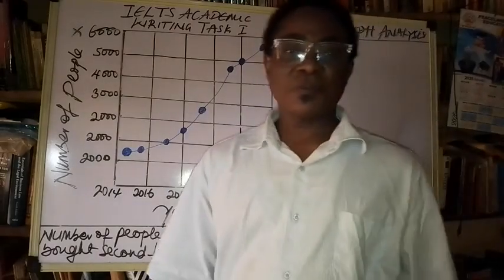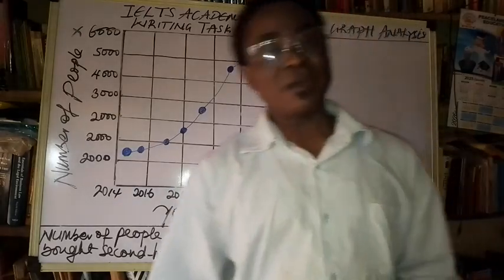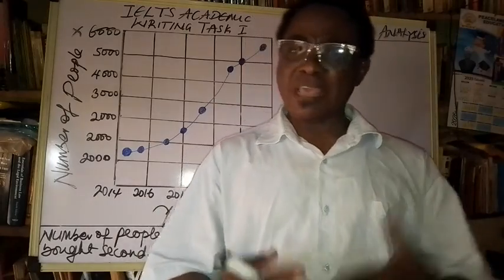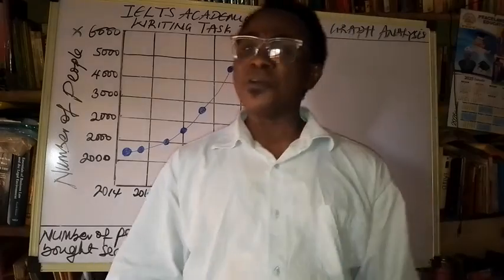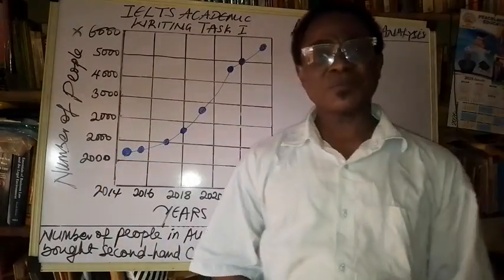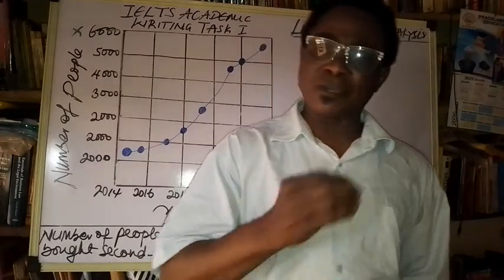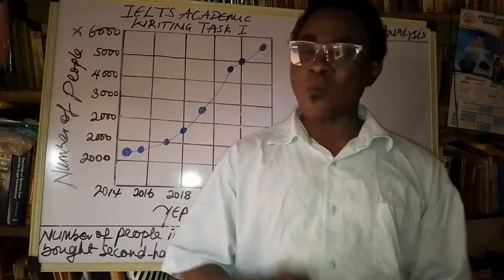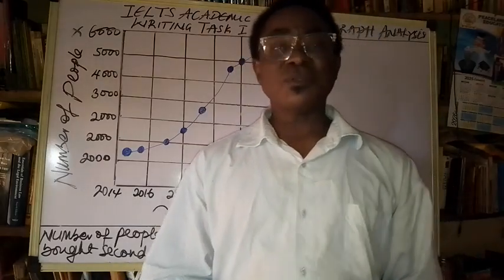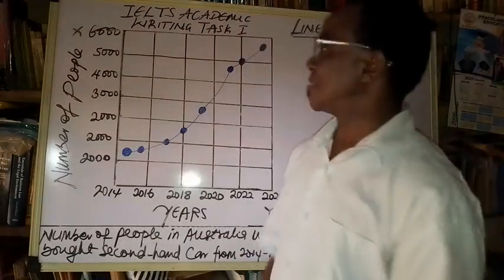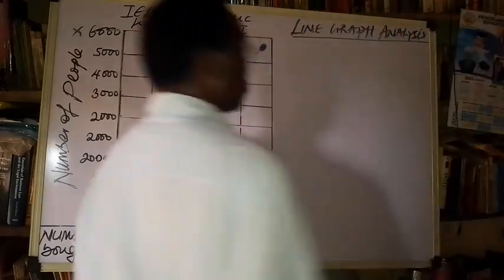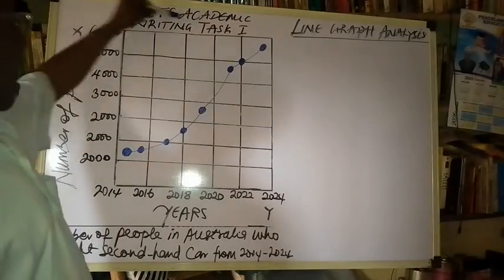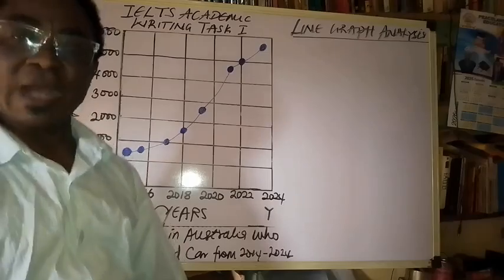Before we take a look at what we already have on the board, let me begin by giving us a brief rundown of the kind of skills one is expected to possess or acquire to be able to sit for the IELTS examination and do justice to line graph analysis in the IELTS Academic Writing Task 1.